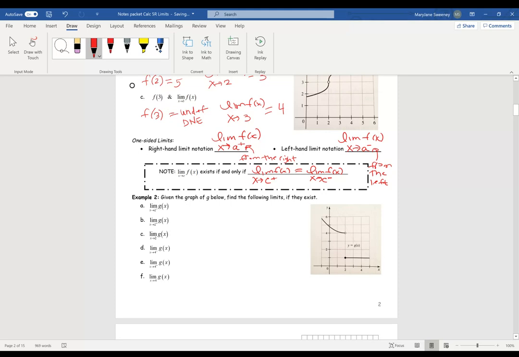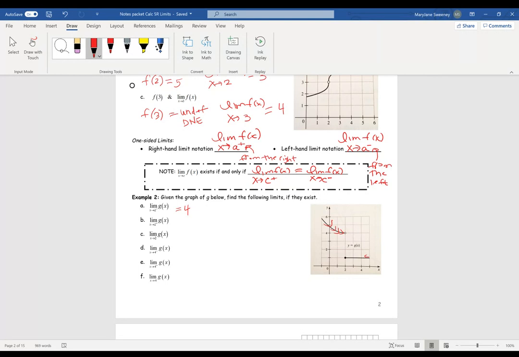Okay, given the graph of g below, find each of the following limits if they exist. As we approach 2 coming from the left, I'm moving right, getting closer and closer to 2, I'm at like 1.999. My y's are approaching 4. So that's the limit. Limit is what the y's are approaching.